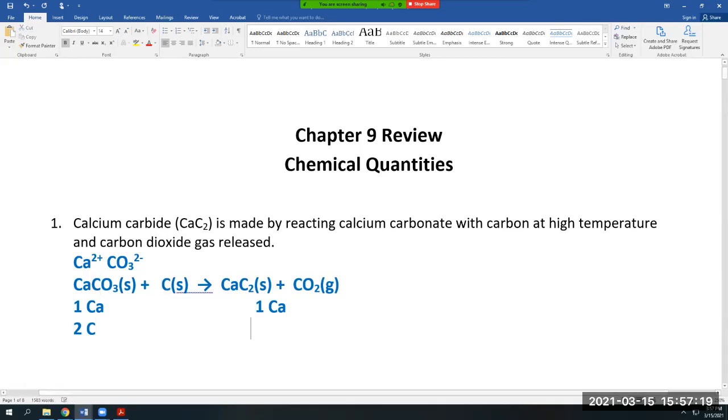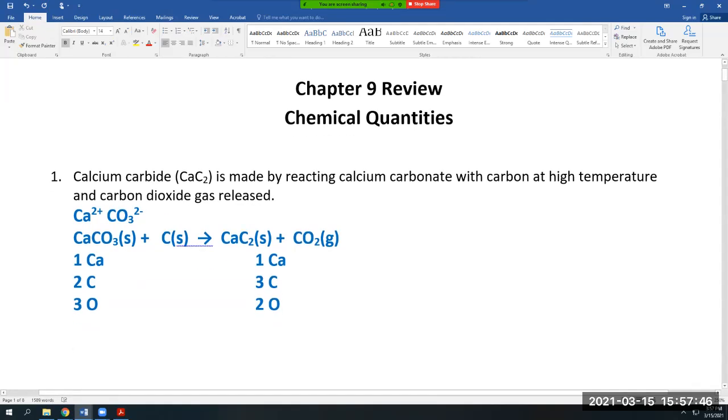And on the right, 3 carbons, because we have 2 carbons in the carbide plus 1 carbon in the carbon dioxide. Oxygen, we have 3 oxygens on the left in the carbonate, and on the right we have 2 oxygens.